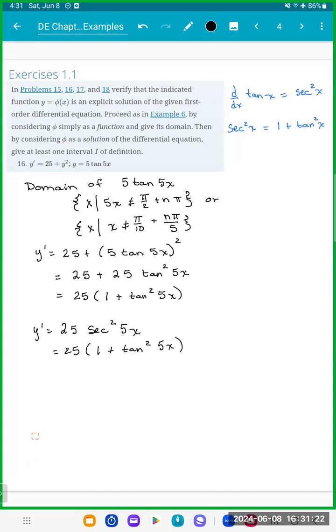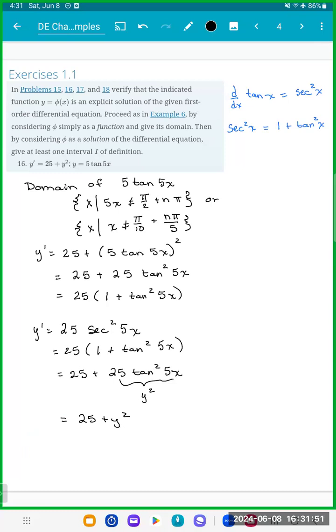When we multiply that out, we end up with 25 plus 25 tangent squared of 5x. And this right here happens to be our y squared, so we can simplify that to 25 plus y squared.